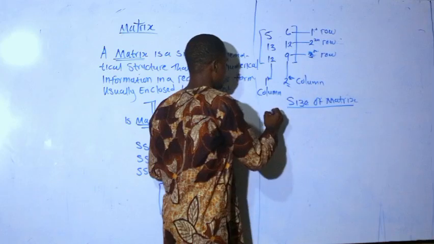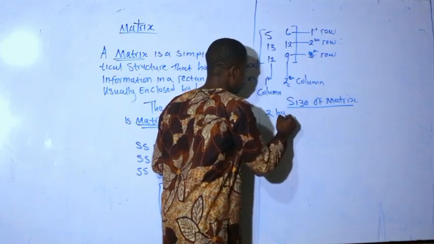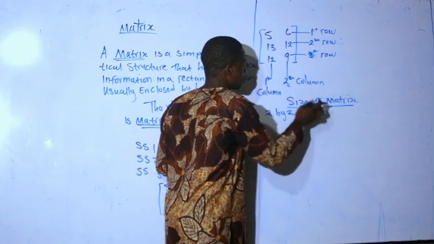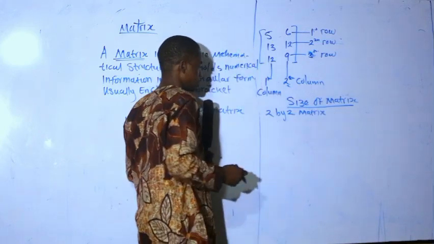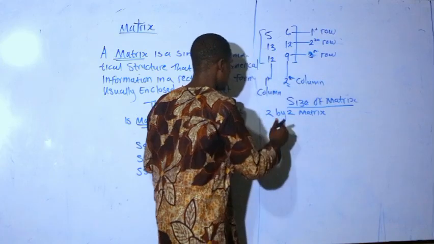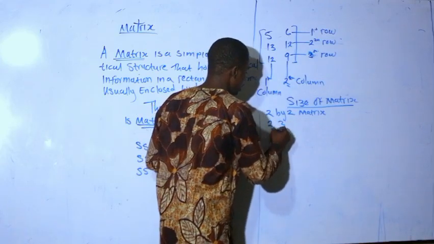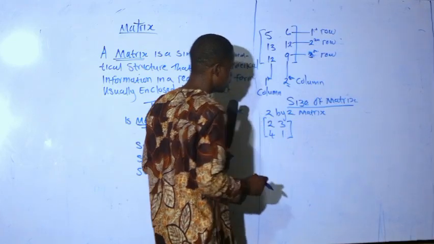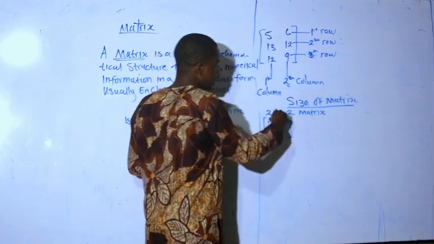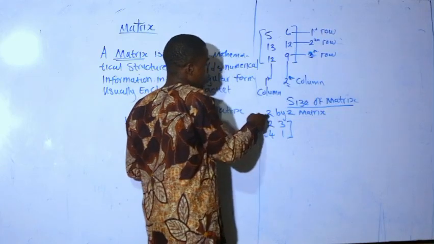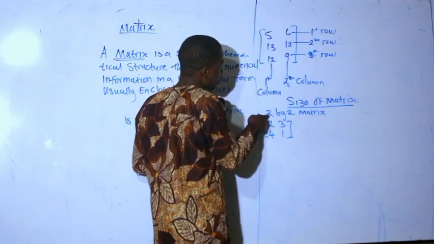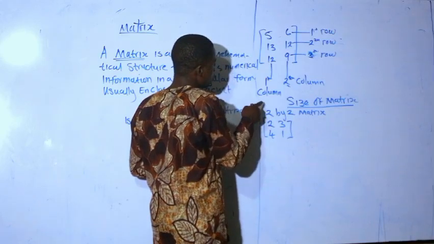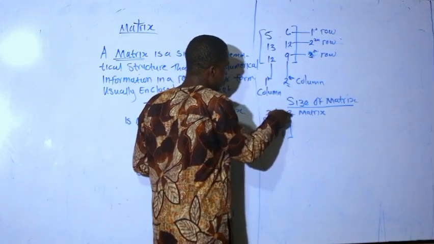We have 2 by 2 matrix. What is 2 by 2 matrix? The 2 by 2 means this one is what we call row, and we have 2 by 2, row by column.